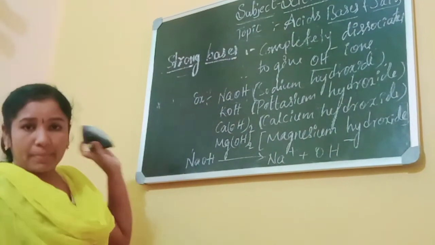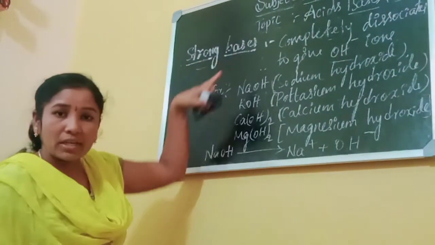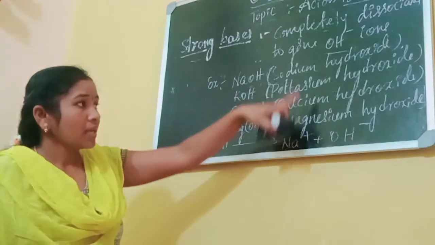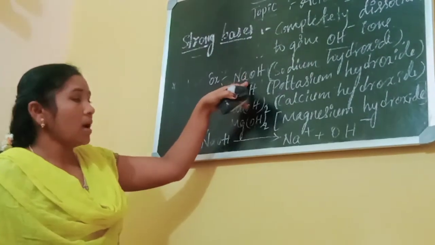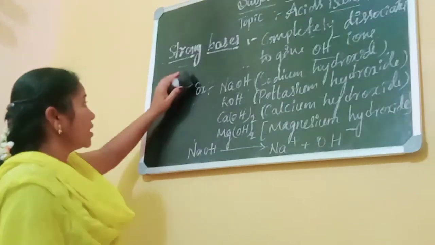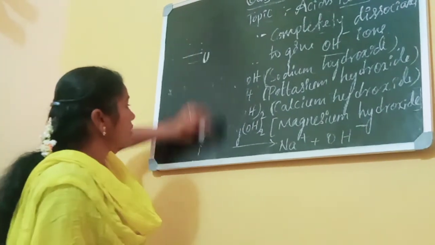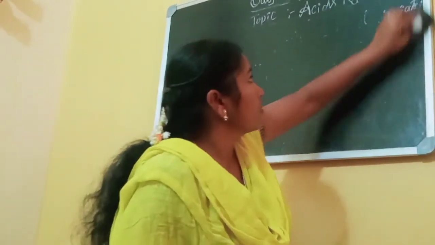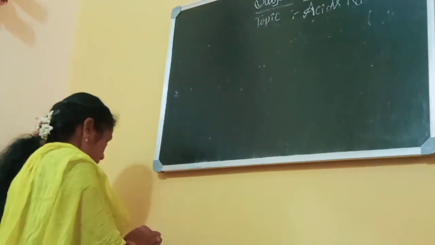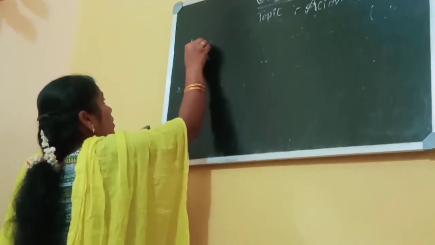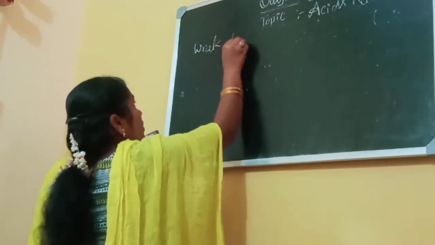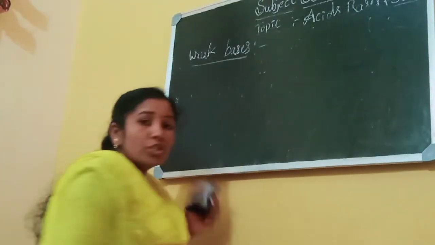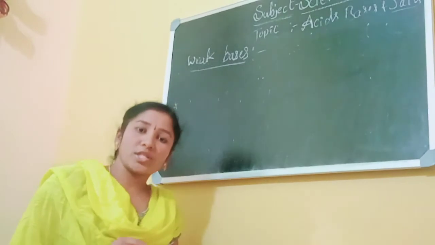Let's see weak bases now. Now you know what the strong bases are, with examples along with their chemical names and molecular formulas. Practice this well. Weak bases do not dissociate completely.